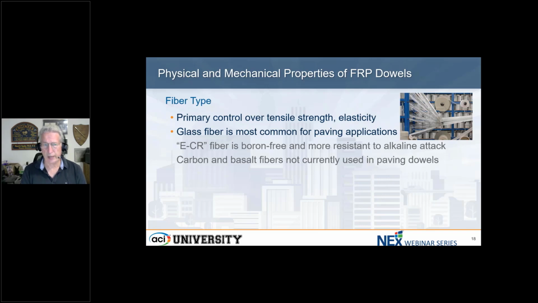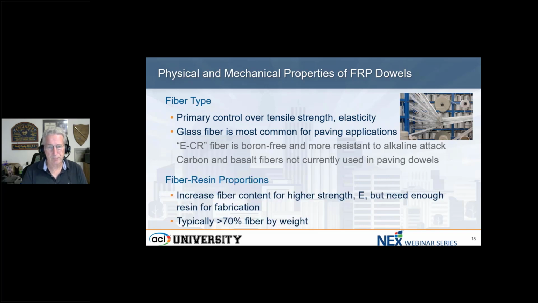So all we have right now is glass fiber dowels. And the E-CR fiber is the preferred fiber. It is boron free, which apparently makes it more resistant to alkaline attack. That resistance to alkaline attack is the key factor here, because concrete provides a highly alkaline environment, with very high pH levels in the pore water of concrete. So that's a very important factor.